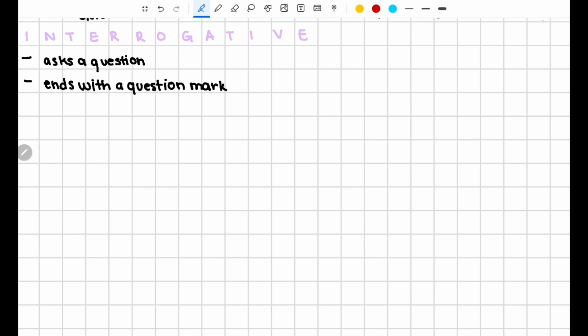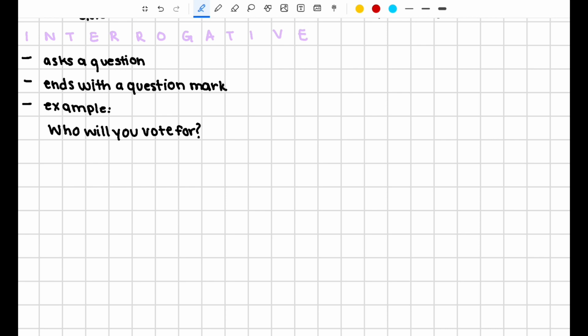Let's look at an example of an interrogative sentence. For example, who will you vote for? It's asking somebody a question, and it ends with a question mark. But also remember that sometimes we get confused if there's something like, I wonder who she will vote for.